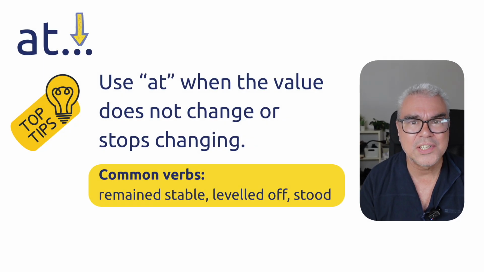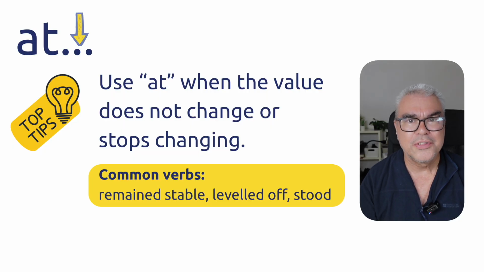Now, the second preposition is at. And you use at when the value does not change or it has stopped changing. So the trend verbs that you might use here are often the verbs that describe where there is actually no change in the data.